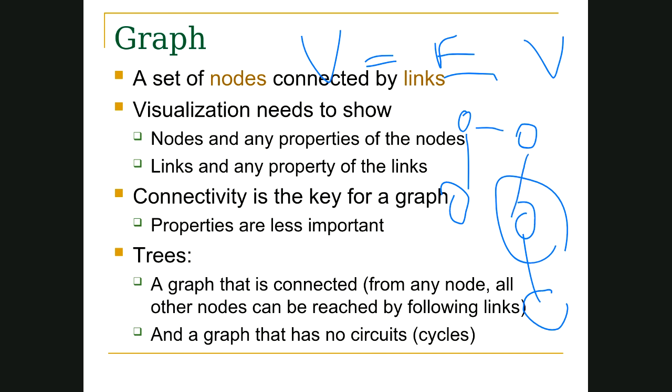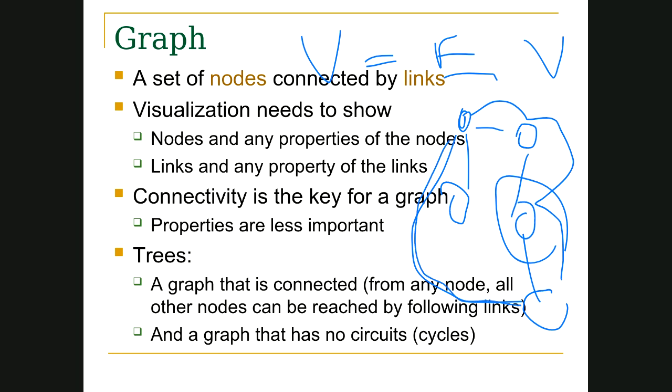And the other thing about a tree is that it has no circuits. So what is a circuit? A circuit is me starting at one node and moving from node to node, following the edges. And if I have a circuit, it means I'm able to come back. So if I had a link like this one that I just drew, then now I have a circuit, obviously.